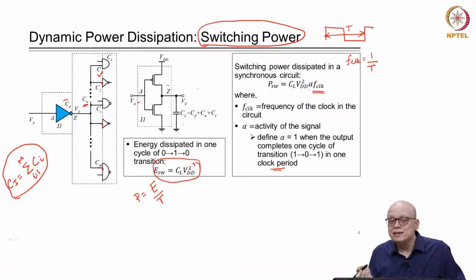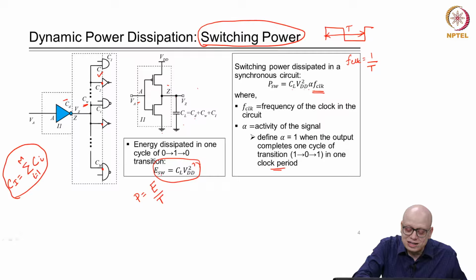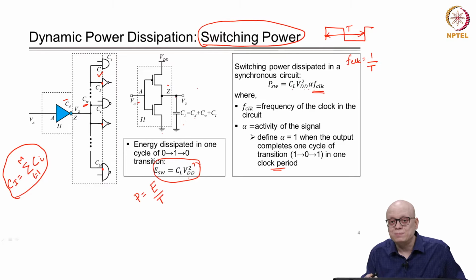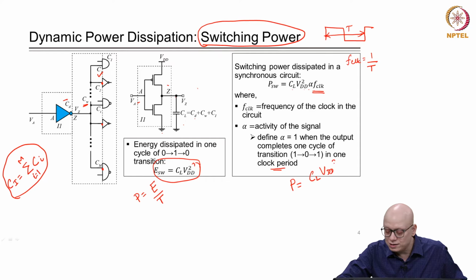And let us assume that in this time interval this much energy was dissipated. So, what will be the power in this case? The power in this case will be P is equal to the energy dissipated, that is CL VDD square, divided by the time interval, that is T, right. Now, 1 by T is FCLK, right.